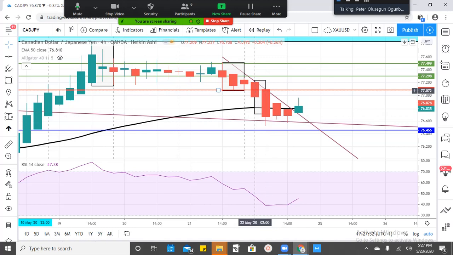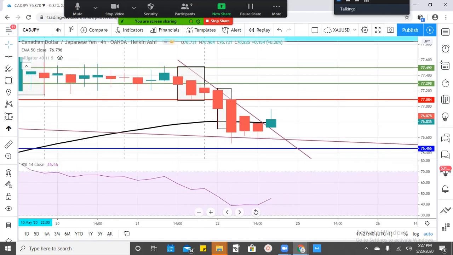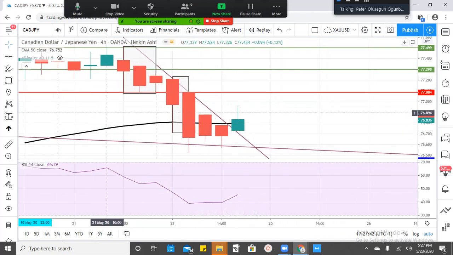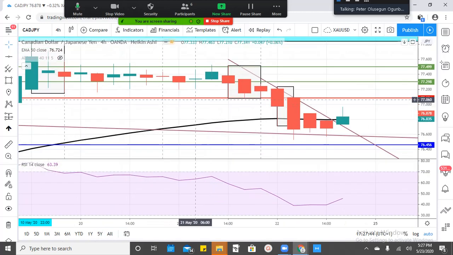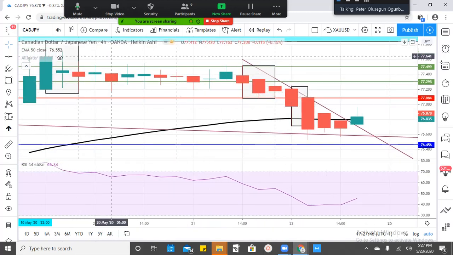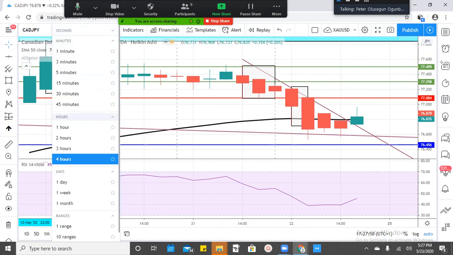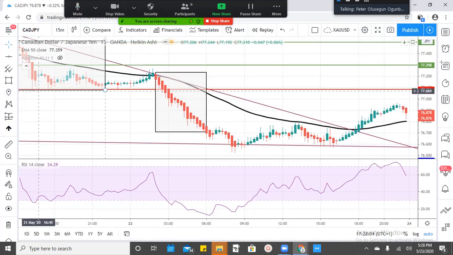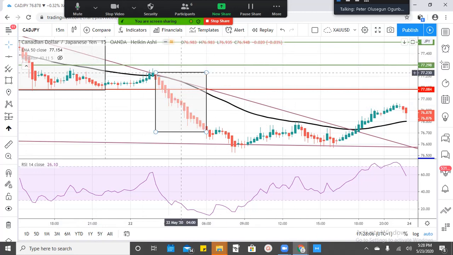I'm concentrating on this candle alone to know what would have been another entry point. So just concentrate on my green. On 15 minutes, let's go back to 15 minutes. You should enter, even if you miss the first one.